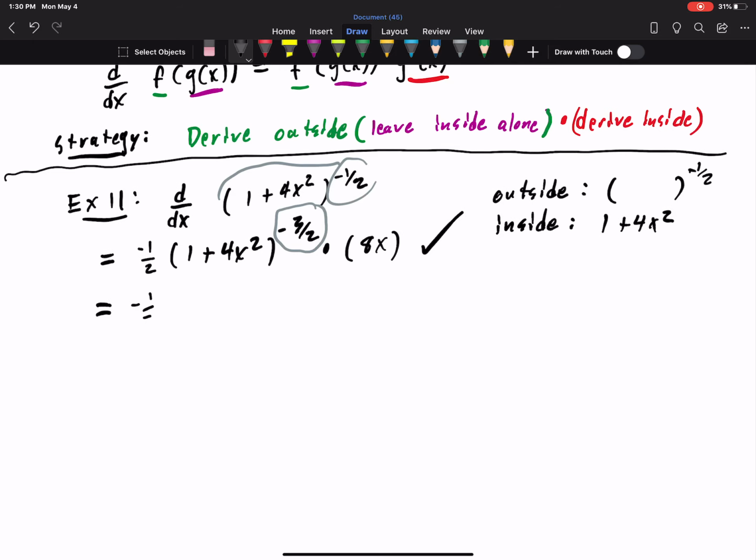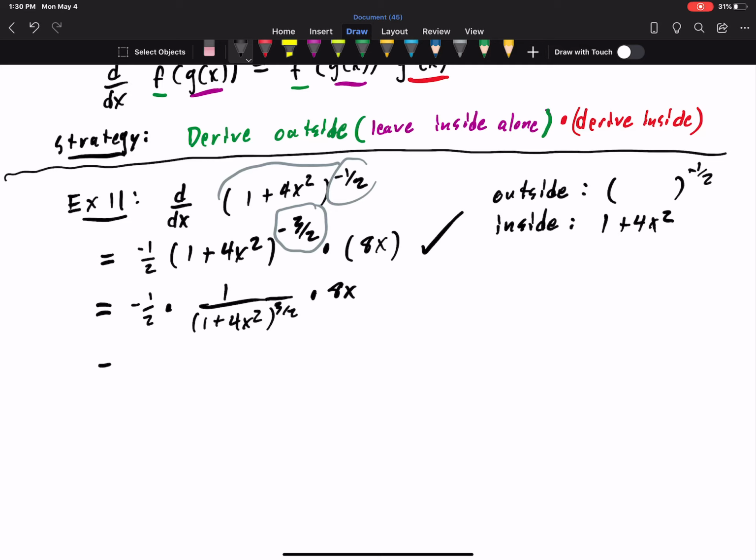So we have minus 1/2 times 1 over 1 plus 4x squared, all raised to the positive 3/2. So whenever you have a negative exponent, it means that the thing with that exponent is in the wrong place of the fraction. Negative, wrong, bad. So put it in the correct place, it has a positive exponent. Okay? And of course you have to multiply it by this 8x because that was on the right-hand side of the above.